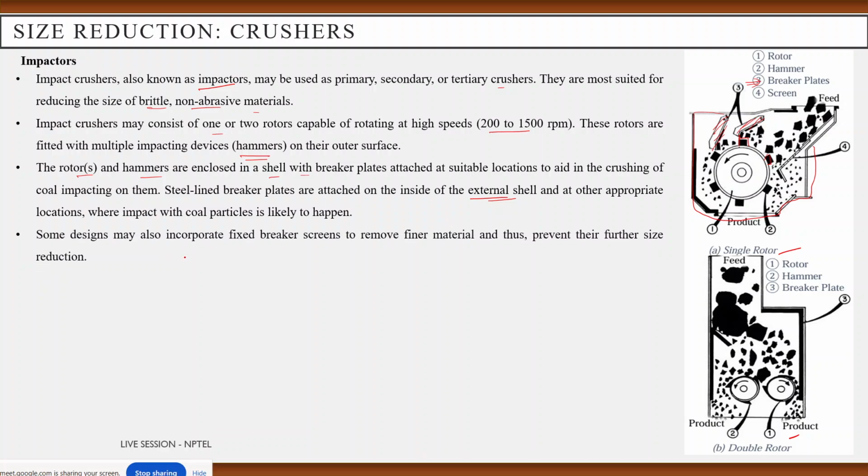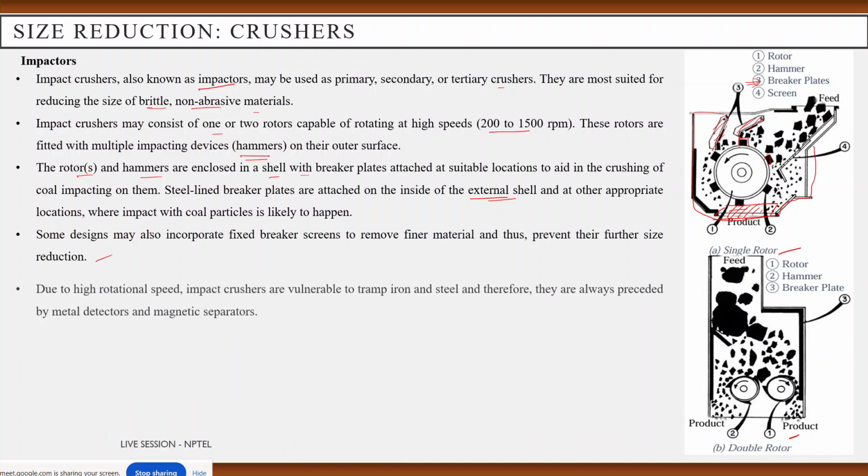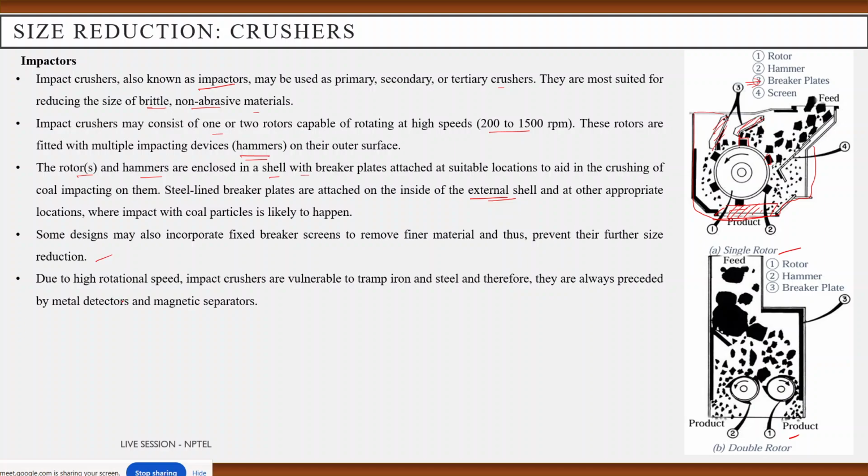Some designs may also incorporate fixed breaker screens at the bottom, so that we can remove finer materials and also prevent their further size reduction. Due to the very high rotational speed, impact crushers are vulnerable to tramp iron or steel, and therefore they are always preceded by a metal detector or magnetic separator.